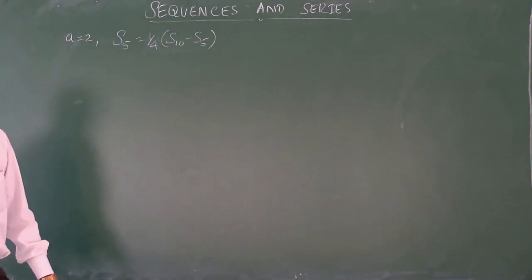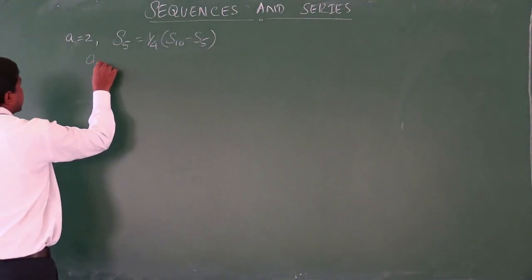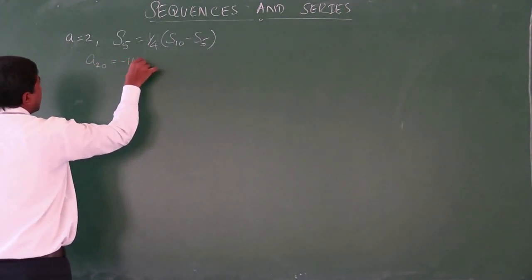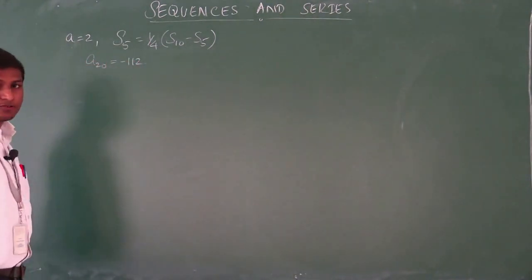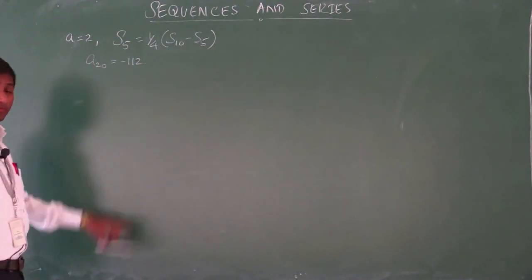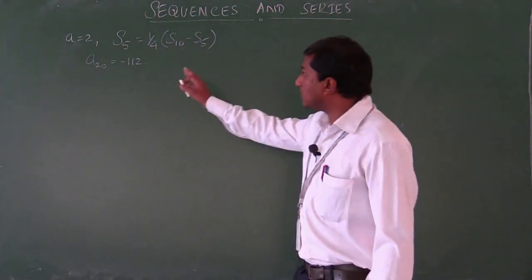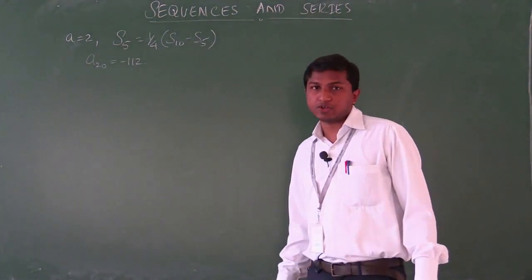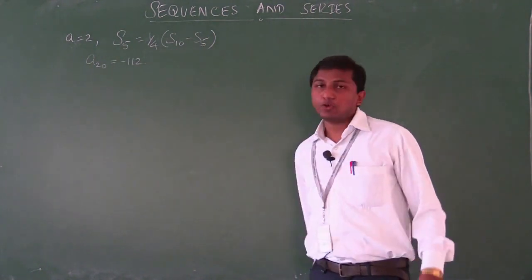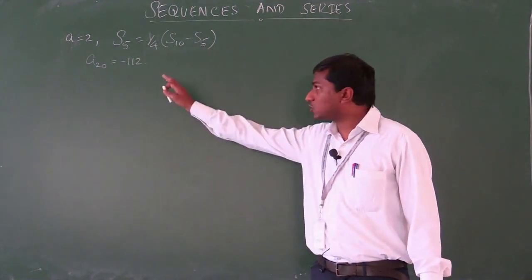What must we show? We have to show that the 20th term, that is A20, equals minus 112. So to show that the 20th term is minus 112, we need to know the value of A, D and 20. 20 is already given.